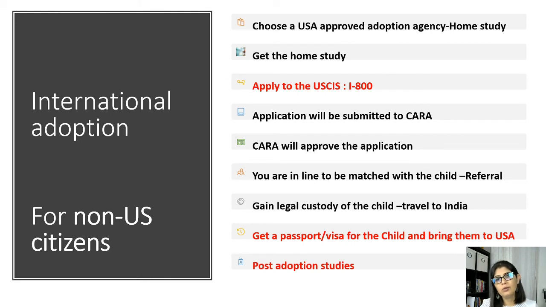So if you're not a US citizen, you cannot apply for I-800, and you will not be able to bring the child back home. Because you're not able to bring the child here, AFAs are not able to do the post-adoption studies, which means they are not completing the adoption process and they can lose their license over it, and that's why they will not be ready to work with you. This is the main reason why it is difficult or almost impossible for non-US citizens to adopt from India under the Hague Convention.